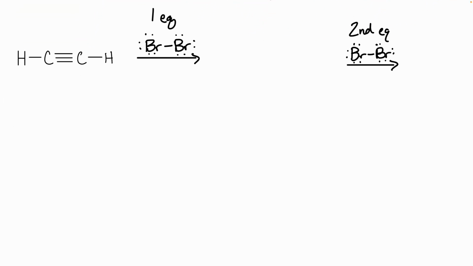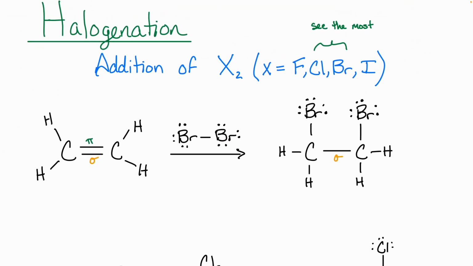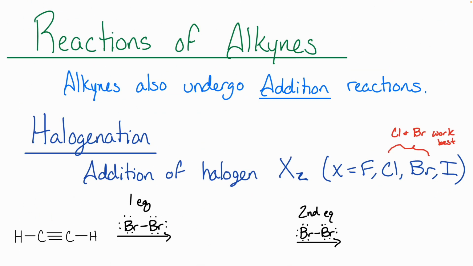And let's just remind ourselves real quick about this same reaction with our alkenes, right? These halogenation reactions. What happens is that pi bond in our molecule is broken, and we replace it with a new bromine carbon bond on either side, okay? What we're going to see is the exact same thing.